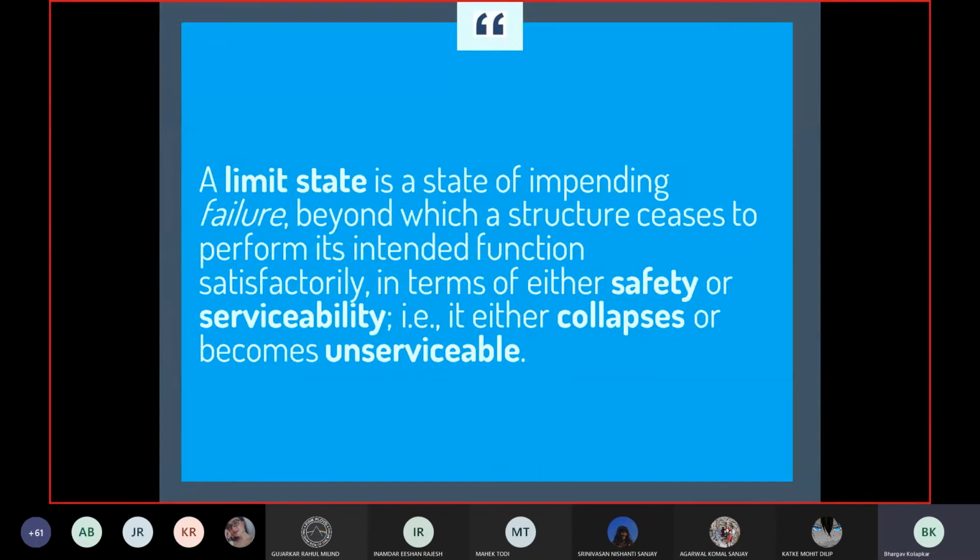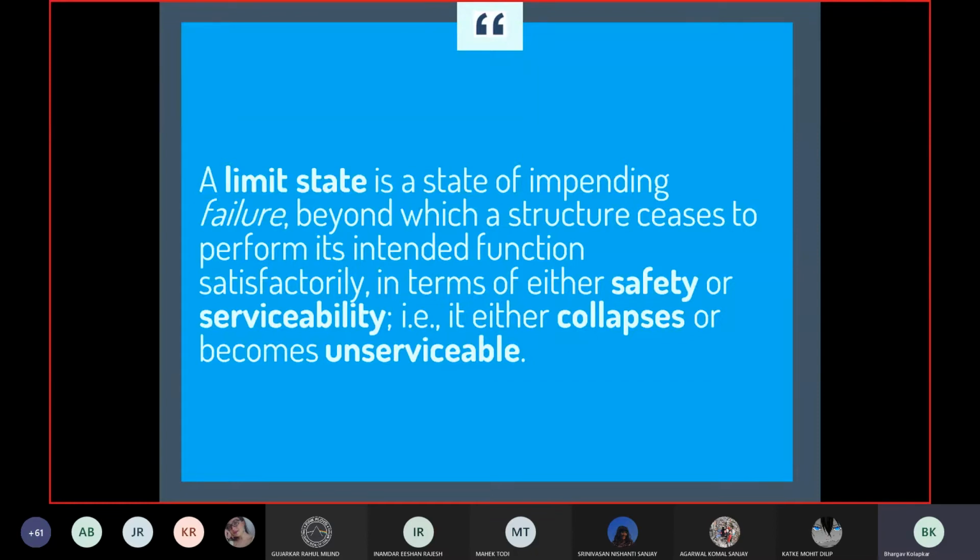I'm not sure if I gave this example before, but consider your mobile phone. It also has certain states of strength and serviceability. If your phone falls and it breaks the display, it has reached a certain limit state of strength, meaning that now it cannot be used anymore, and perhaps you have to either get a new device or perform very rigorous repairs on it.